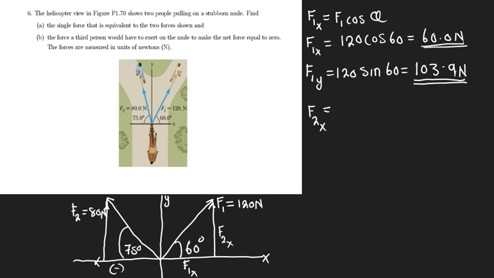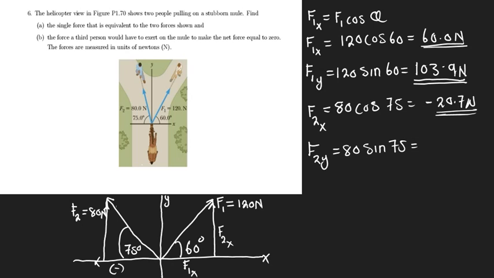So this is going to be 80 newtons cosine 75, and our answer should be negative. So this is going to be negative 20.7 newtons. Then we get F2y, which is going to be 80 sine 75.